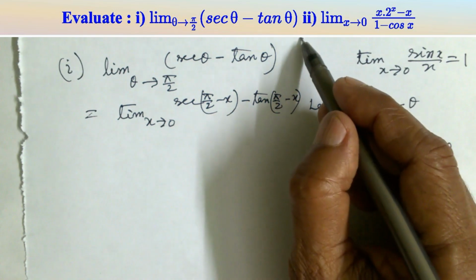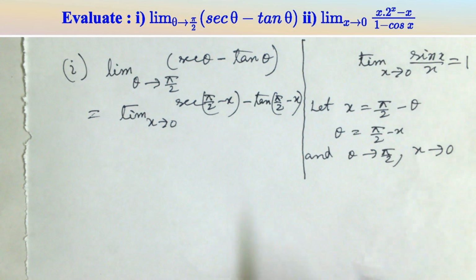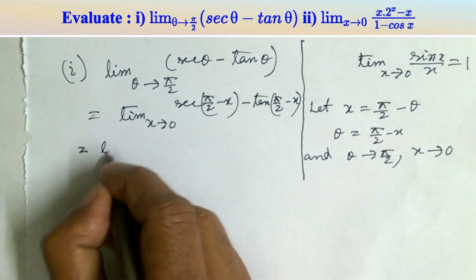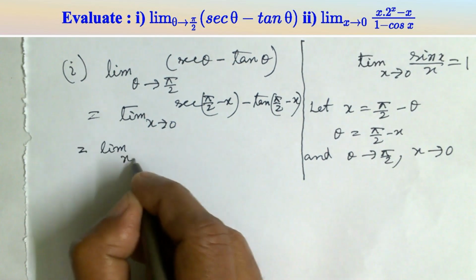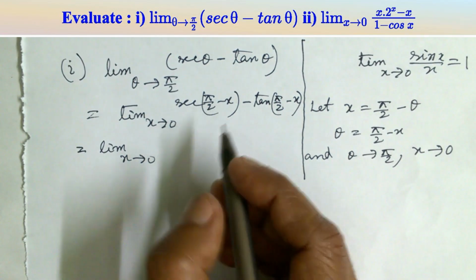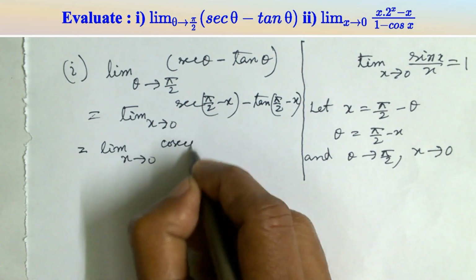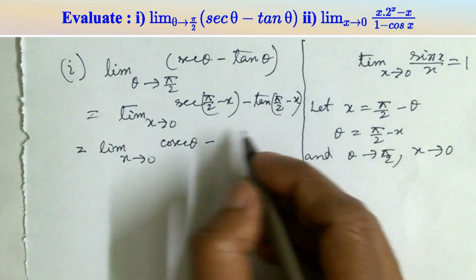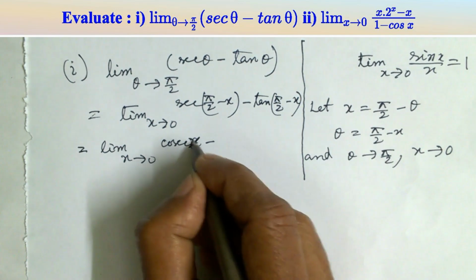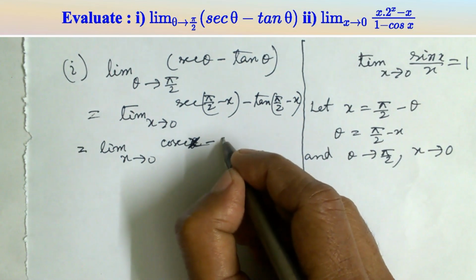Here writing a vertical line to separate these two. So first, sec 90 minus theta is equal to cosec theta, minus tan 90 minus theta, that is in terms of theta, cosec x minus cot x.